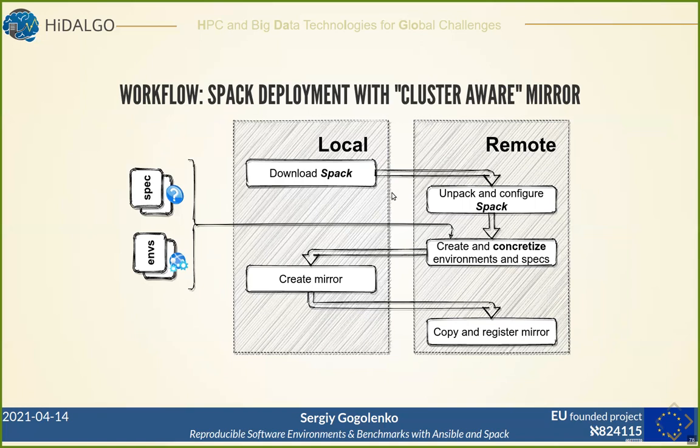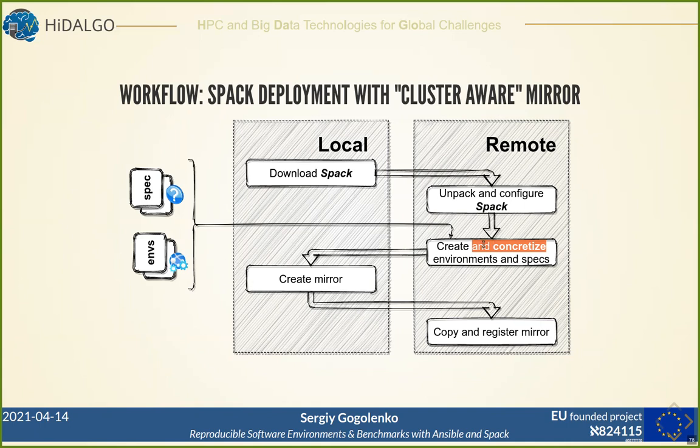For defining your playbook, you can download Spack at first on the local workstation, then you unpack and configure it on the remote workstation, then you concretize your specs and environments on that remote workstation, and this will take care of all the issues related to the preferences in the concretized specs and concretized environments.